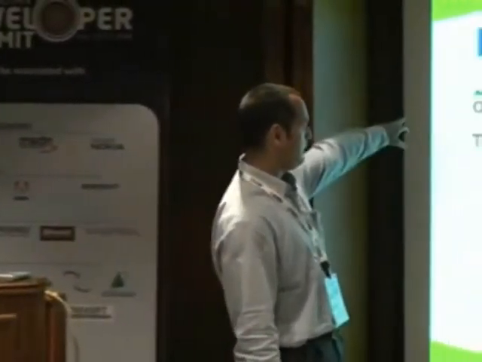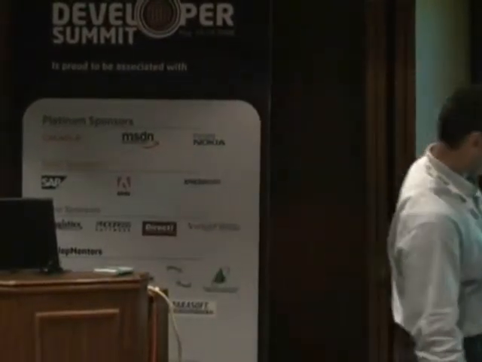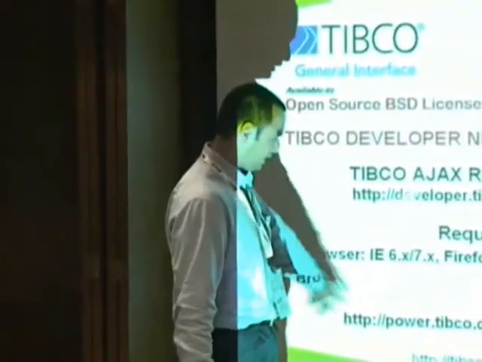And so this is where TIBCO GI is available. It is available open source under a BSD license. It is also available as an enterprise version wherein you have to buy it. If you buy it, you get support. If you don't buy it, you can still go to the forums and register. It has a very active forum group and a lot of posts coming in every day. I'm also active on that forum.